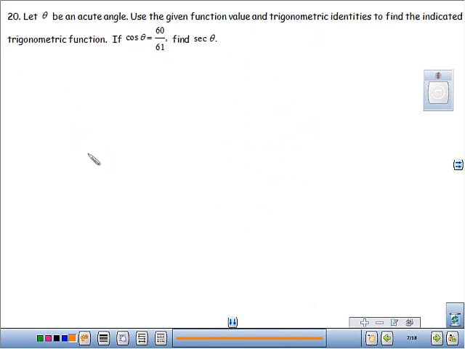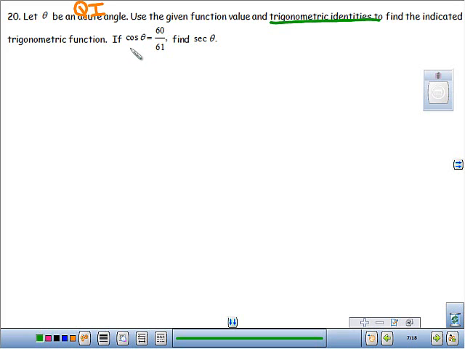Let theta be an acute angle. Again, that tells us we're in quadrant 1. Use the given function value and trig identities to find the indicated trig function. If cosine of theta is 60 over 61, find secant of theta. Your trig IDs, when you see that, that's talking about reciprocal IDs, quotient IDs, and Pythagorean IDs.